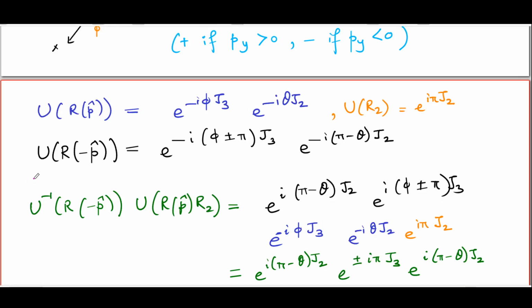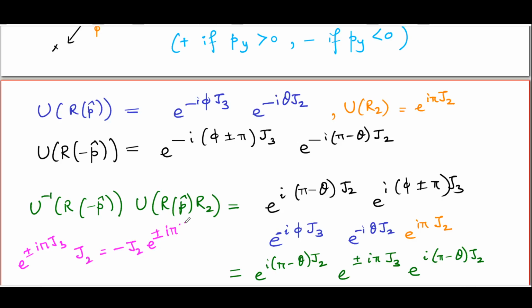Now from the fact that a rotation about the z-axis by an angle of 180 degrees reverses the y-axis, it follows rather simply that e^(±iπJ3) and J2 anti-commute with each other.